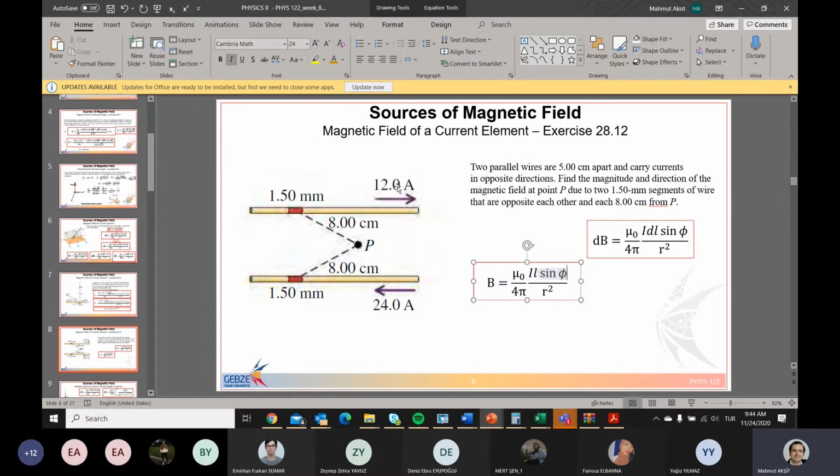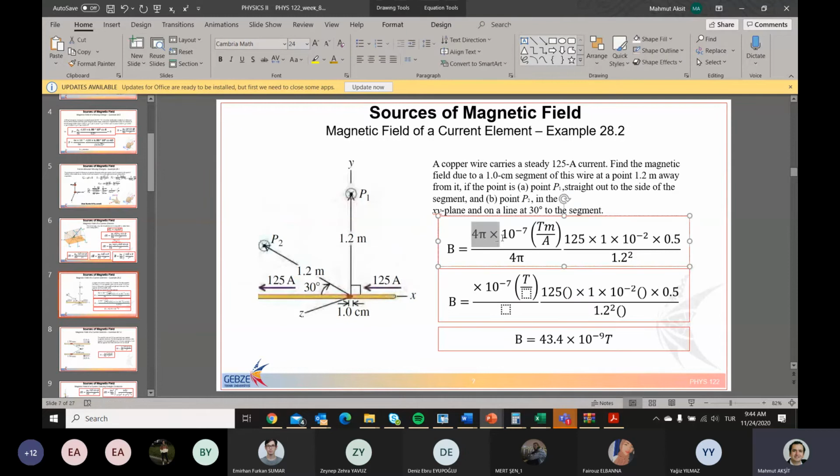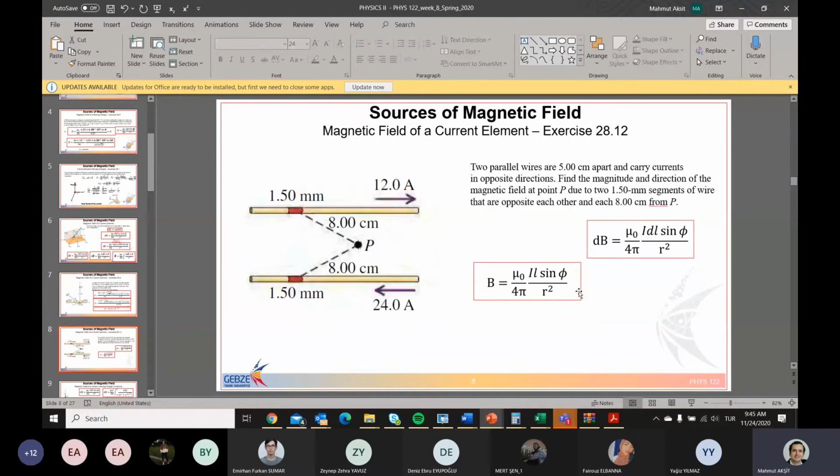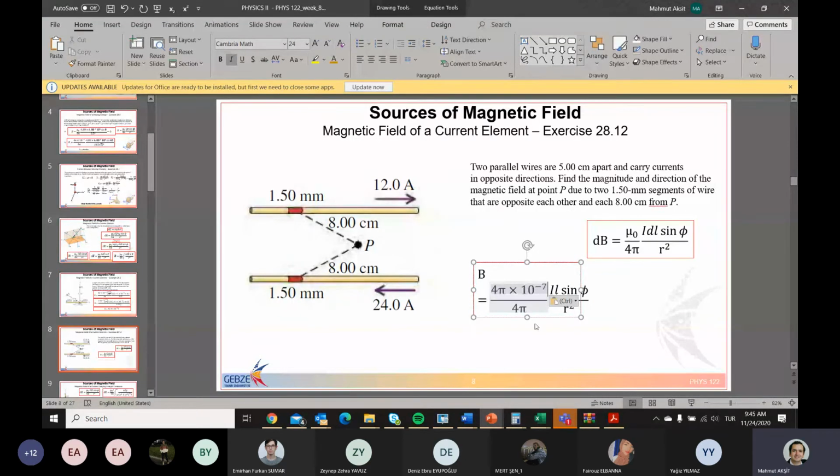So here we have 12 amps of current in the upper one. Let's find the magnetic field due to the upper wire first. Let's grab this. It's mu 0.